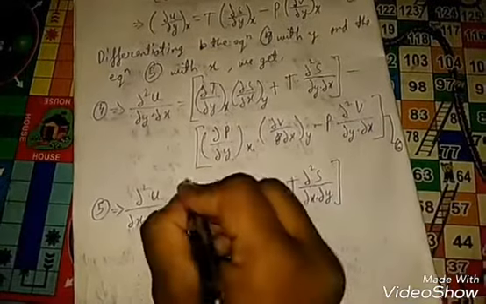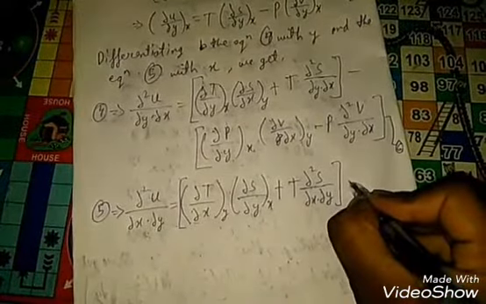Now we can put it in bracket. Also again for the second term we get del p by del x keeping y constant, del v by del y keeping x constant, minus p del square v by del x into del y. So we can put it as equation 7.